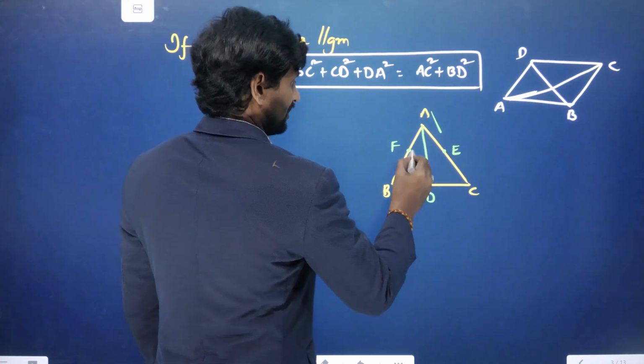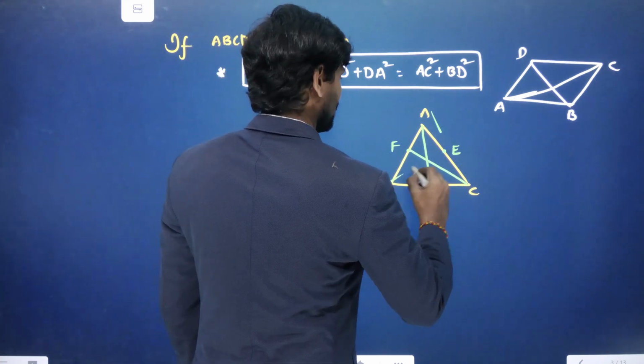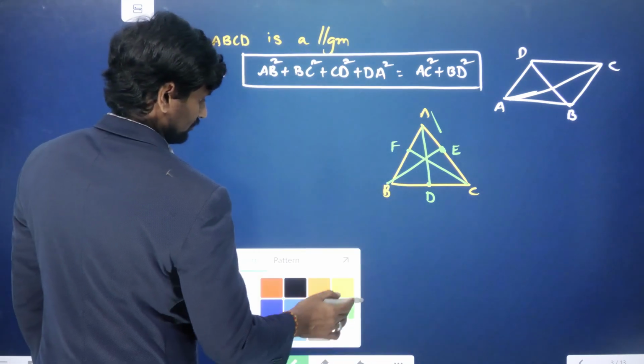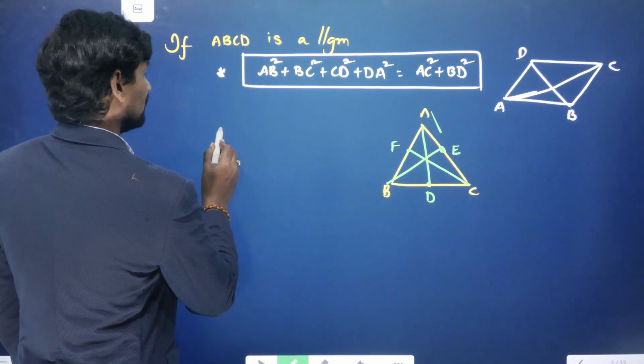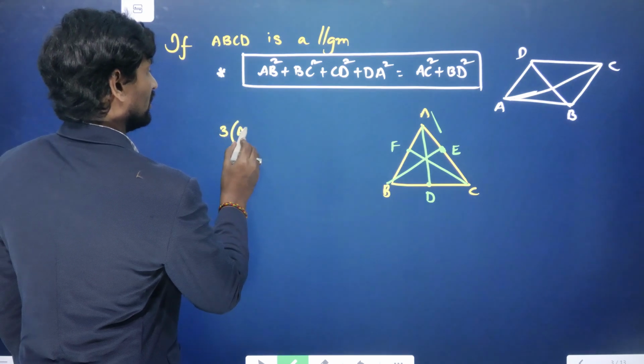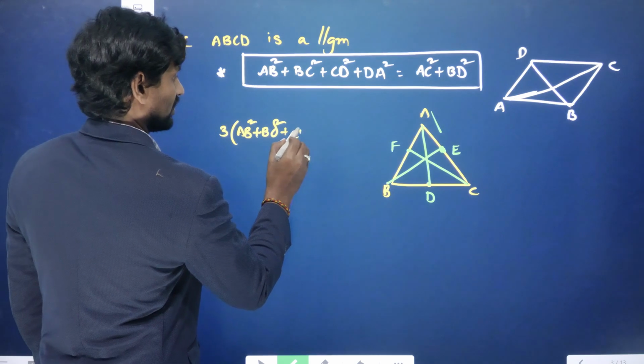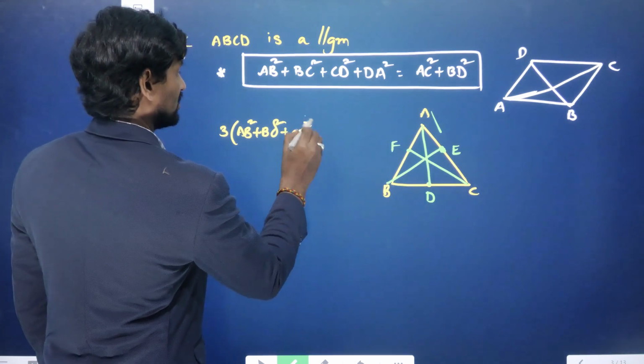Then the condition is 3 times (AB² + BC² + CA²).